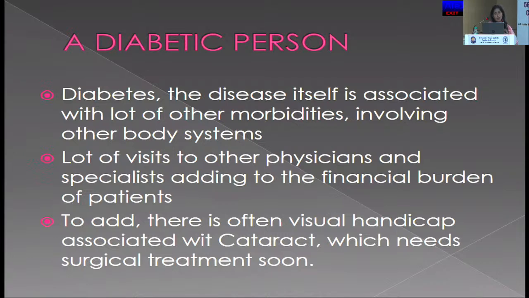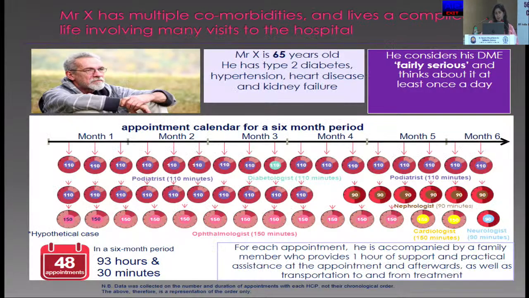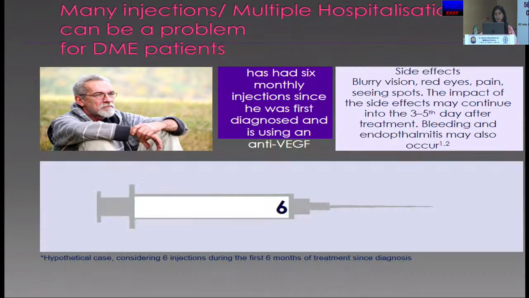To add, there is visual handicap associated with cataract, for which he would need surgical treatment soon. So this is something like a calendar of a diabetic patient, full of visits to various doctors, nephro, endocrino, ophthal, and so many treatments, revisits and pathological tests. So the patient is burdened both psychologically as well as financially.